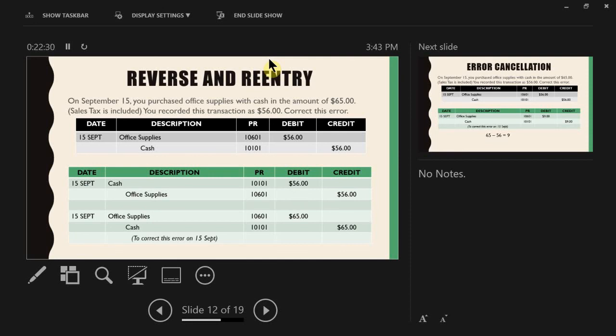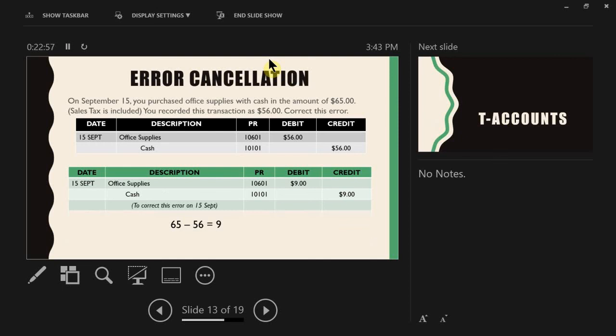Okay, so I have 65 instead of 56. And this is to correct the error that happened on September 15. All right. Does this one make a lot of sense? Okay. Again, just place yourself in that position where you're going to physically return the items and then buy them back. Straightforward. Okay.